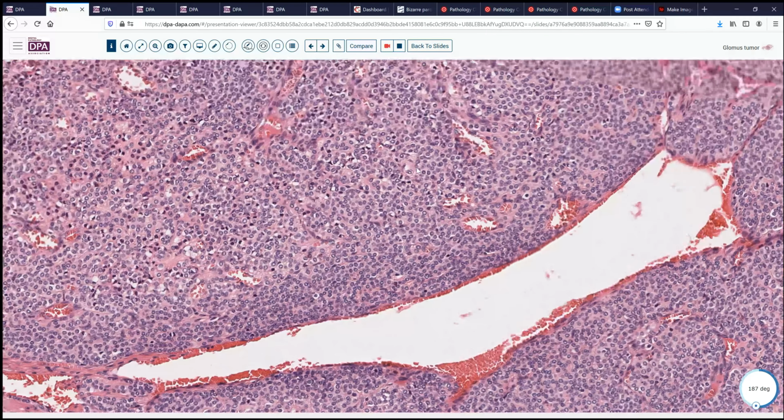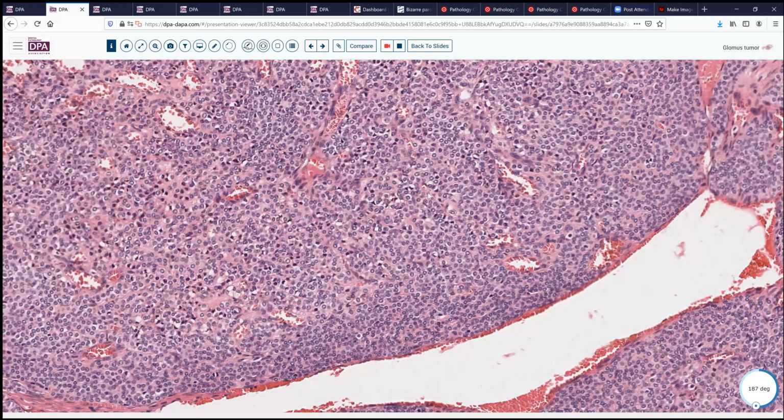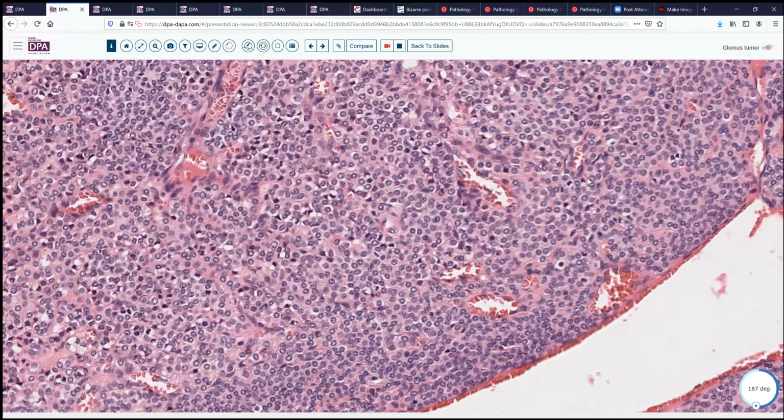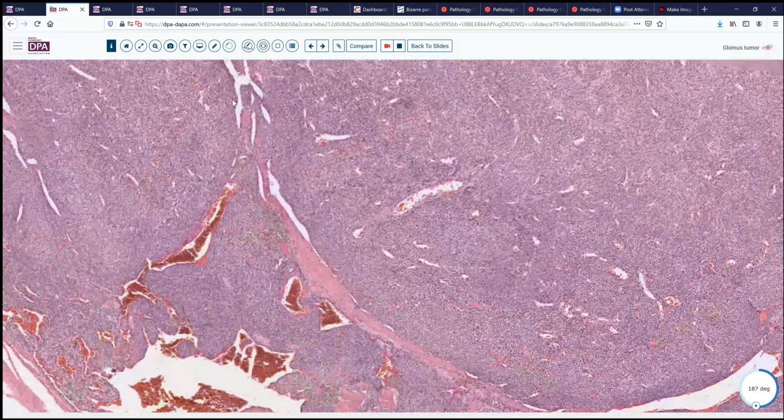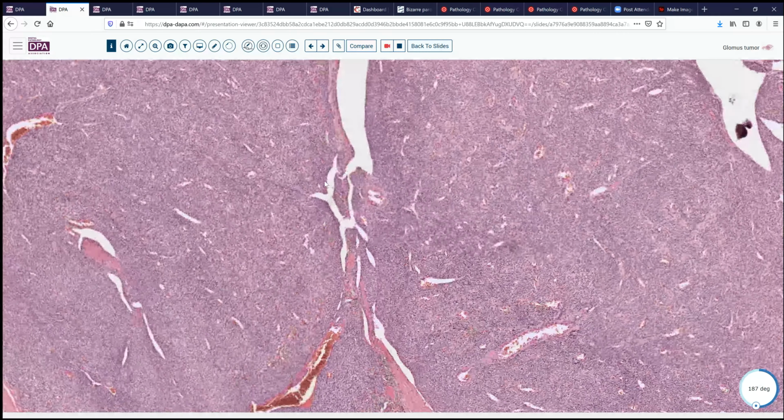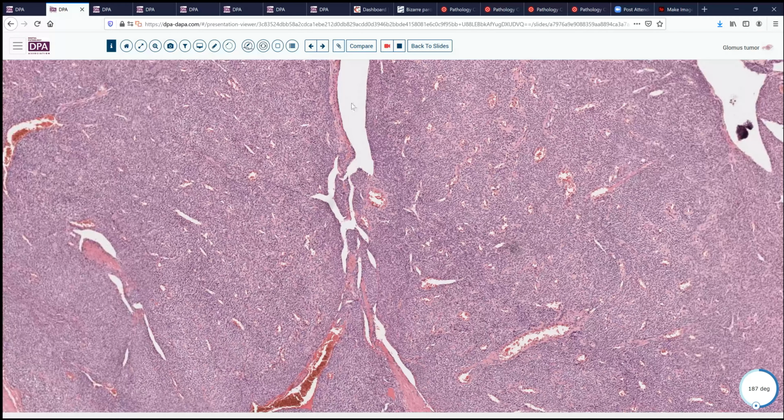Another thing we might consider is, of course, a GI stromal tumor with an epithelioid or round cell appearance. Those tend to still have a little bit more cytoplasm than this, and to not have this prominent vasculature that we've noted here, or to have these cleft-like, slit-like spaces that we see here branching in several areas.